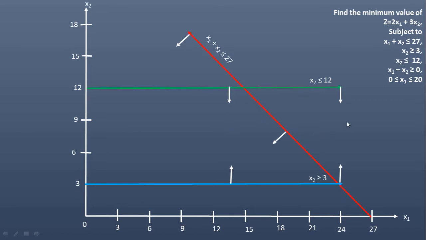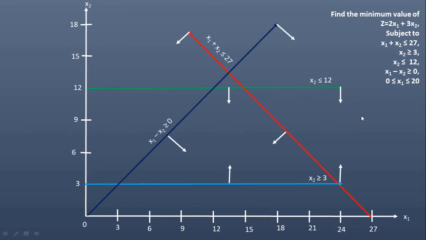Now let's consider the next constraint, x1 − x2 ≥ 0. I substitute x1 − x2 = 0, which means x1 = x2. If I plot that line, it will be a 45-degree line.